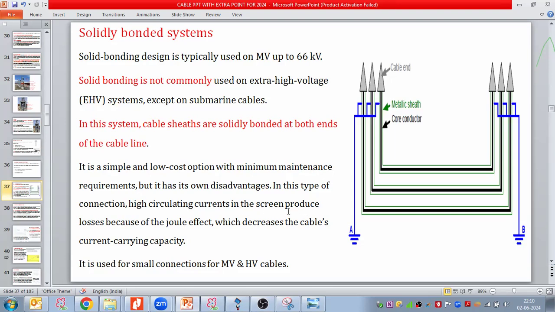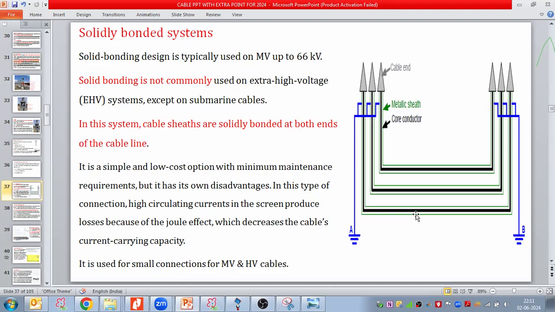When current flows, it produces heat and losses because of the Joule effect, which are called the sheath losses. When these losses come, they decrease the cable's rated current carrying capacity.